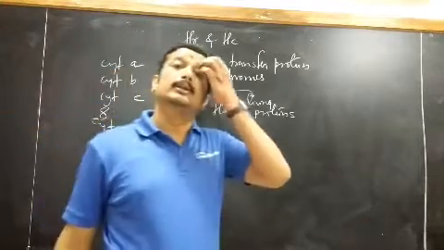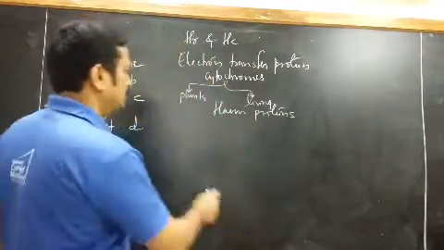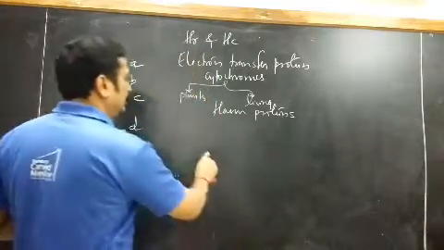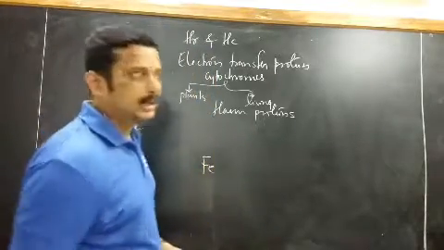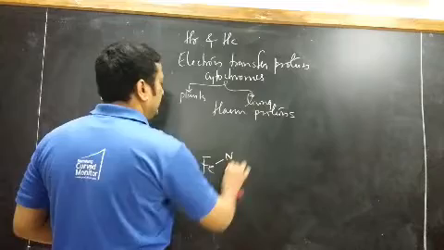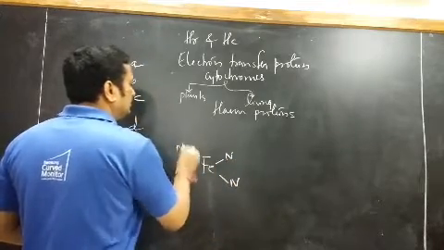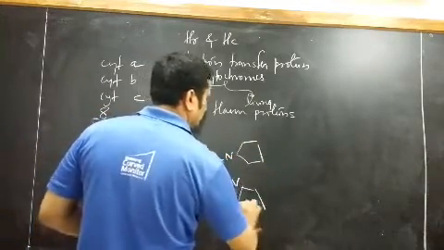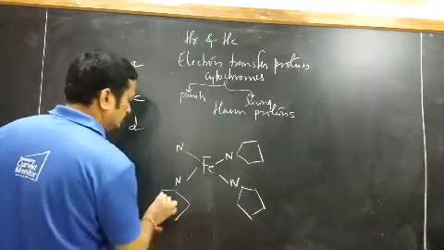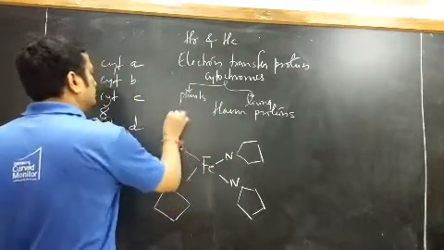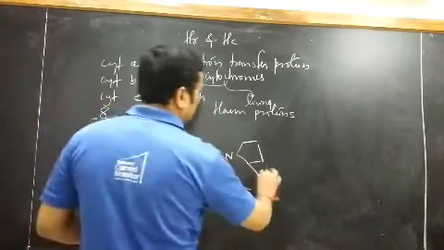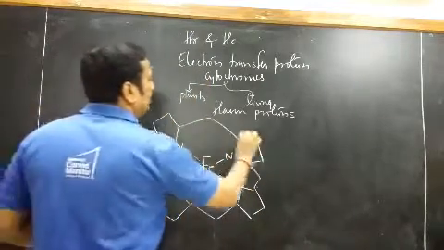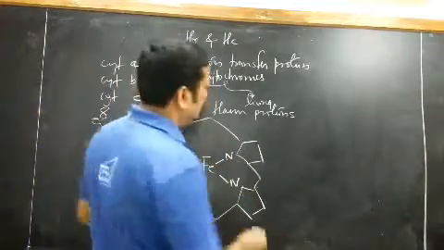Depending on the structure, they have the heme structure, like in hemoglobin and myoglobin, which you have seen: the porphyrin ring with iron. This is what we learned in the last class, and conjugation.